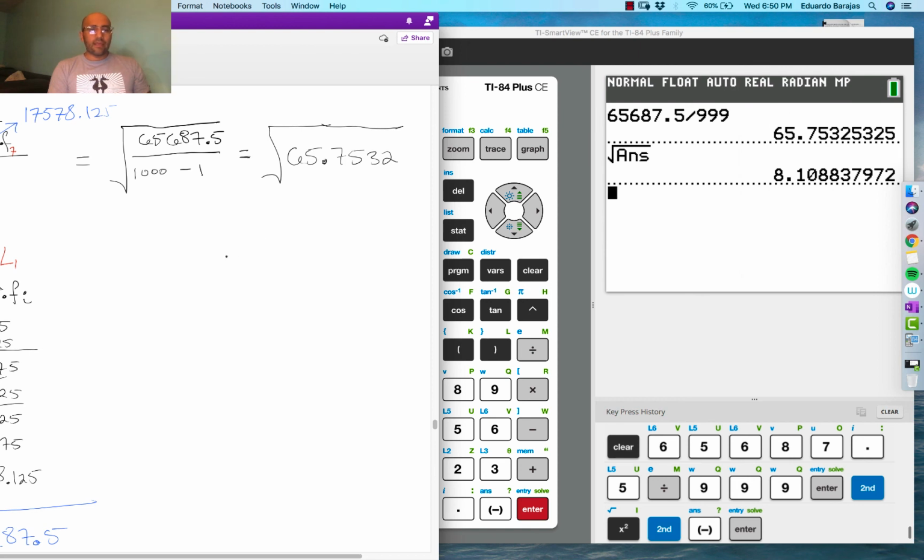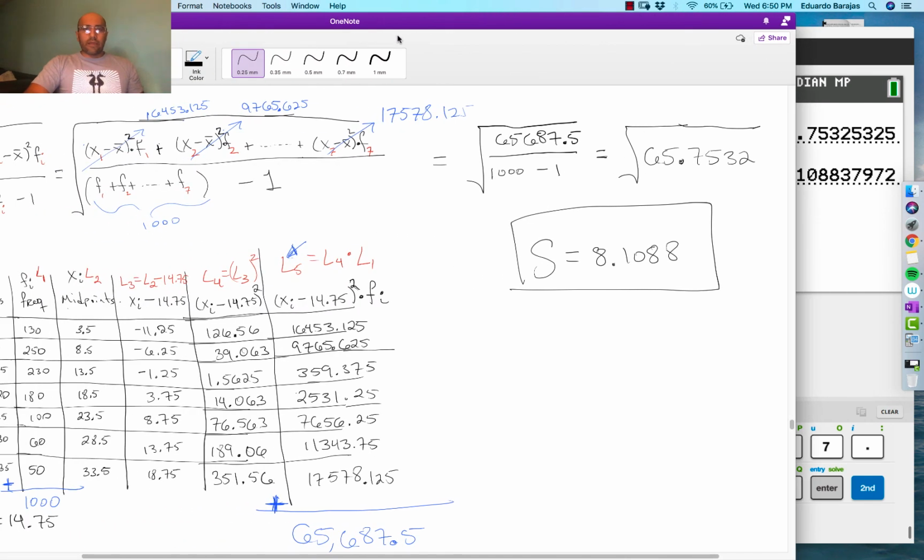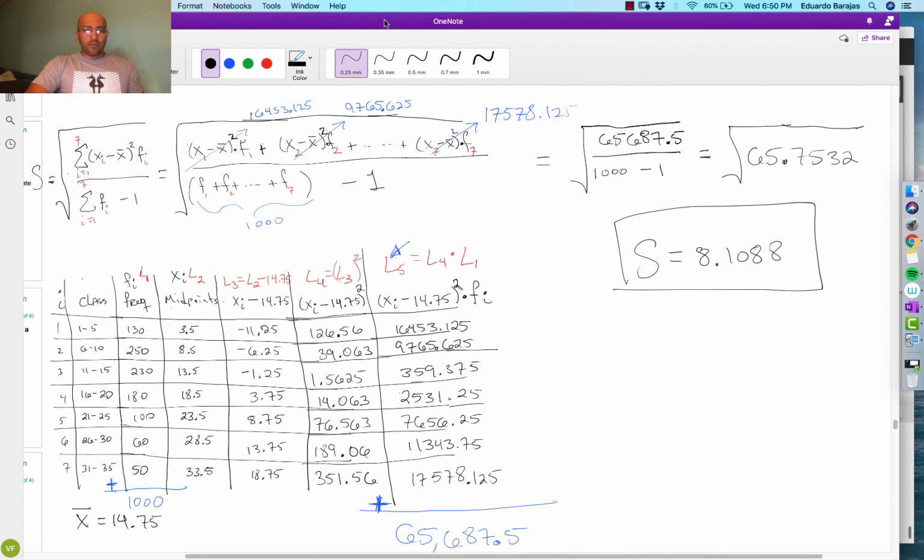And then I can just conclude that my sample standard deviation is going to be approximately the square root of all that, which is 8.1088. Now tell me that's not fun. Okay, let me come out here.